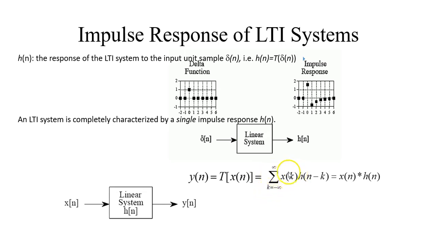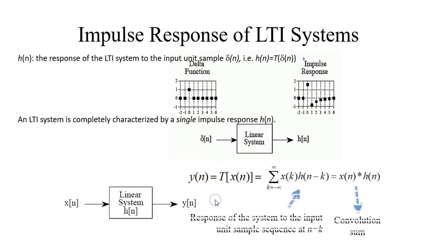This is our input, and this is our impulse response, h of n minus k, and we call this the convolution. So the convolution between the input and the impulse response gives the output y of n. The response of the system to the input unit sample sequence at n equals k, and we have the convolution sum of these two signals.